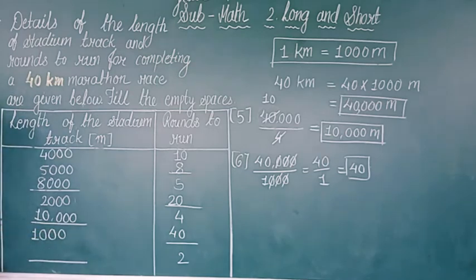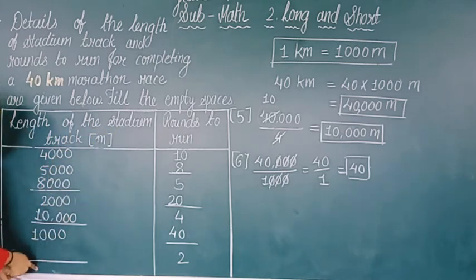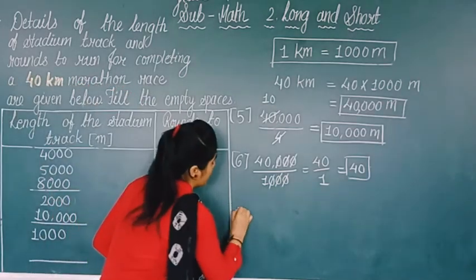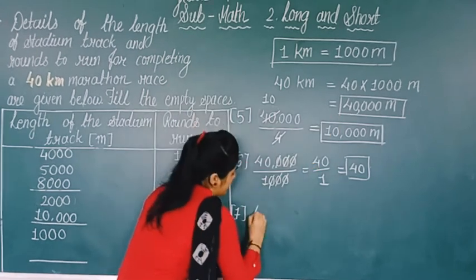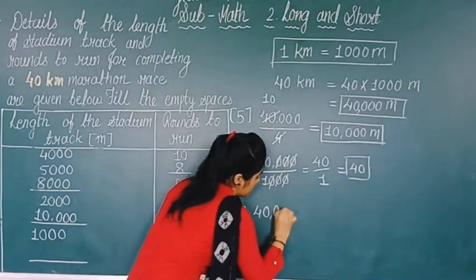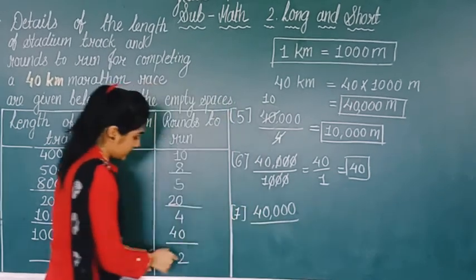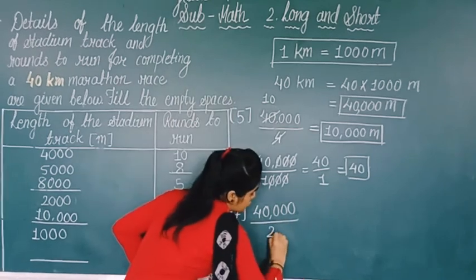Now number 7. In number 7, same thing. This place is empty. That means this length of stadium track we need to find. And in front of that 2 is given. So firstly we are writing 7 number and we are taking the same area 40,000. At the downside we are dividing this 40,000 with this 2.